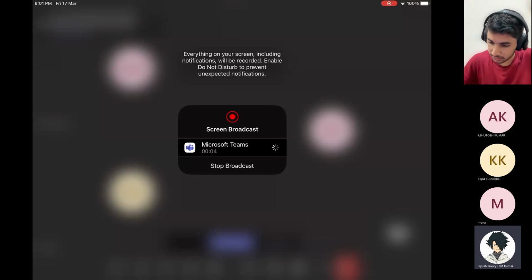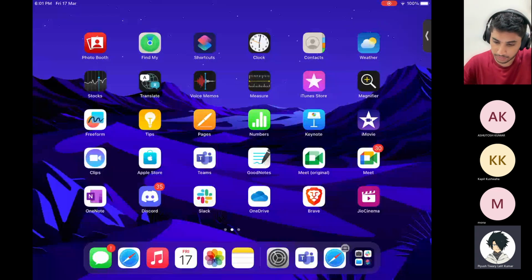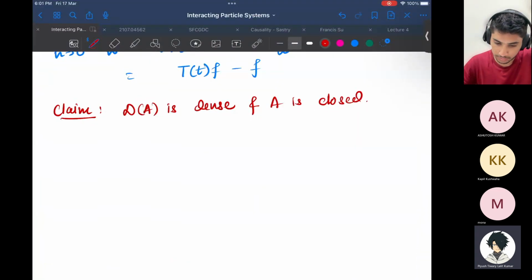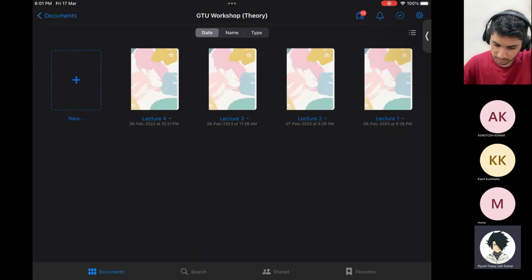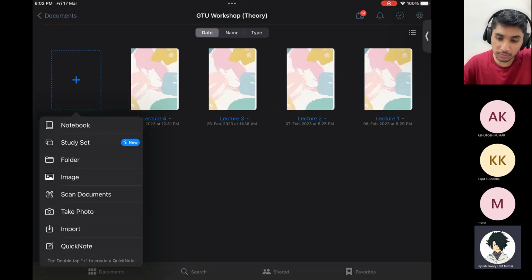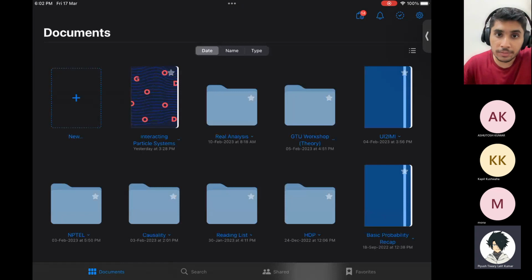The tab screen is visible. If not, let me know. Okay, thanks.